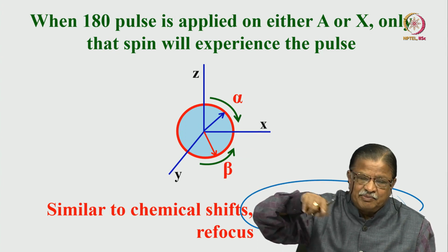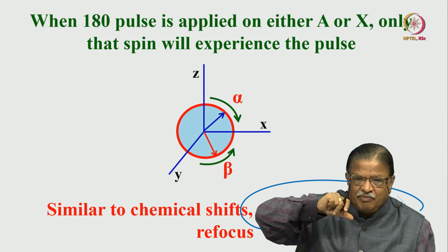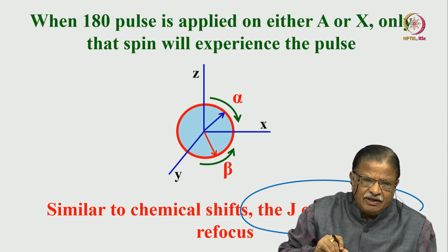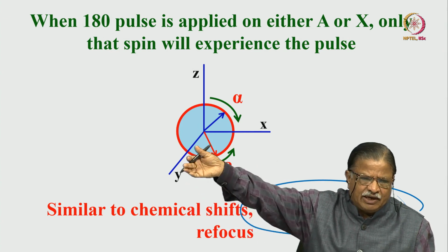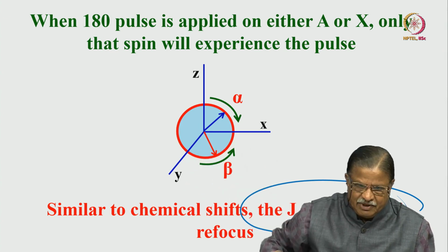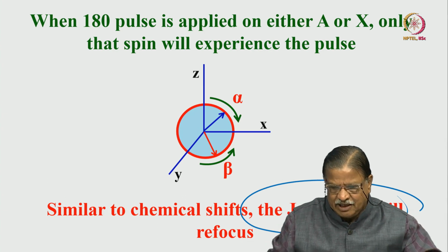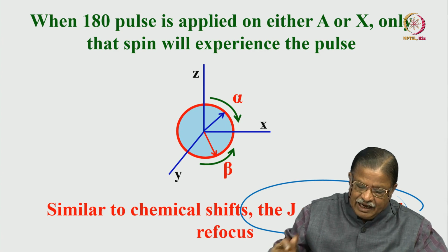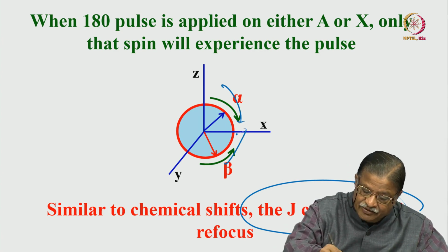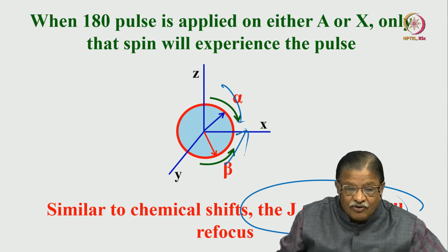Only when the coupled spin is touched do the alpha and beta components, for example A alpha coupled to H alpha or C alpha in the heteronuclear case, get interchanged to beta spin states. That will not happen now. So similarly to chemical shift, they continue to move like this and then refocus.